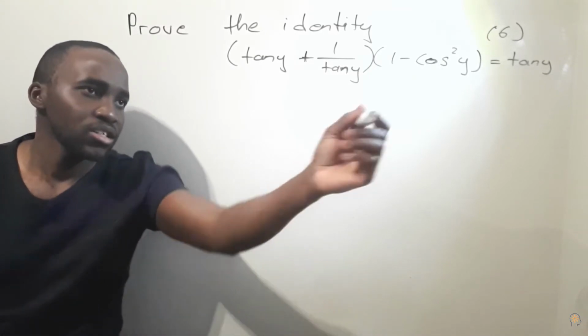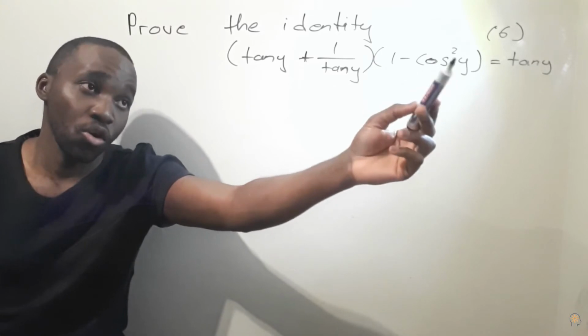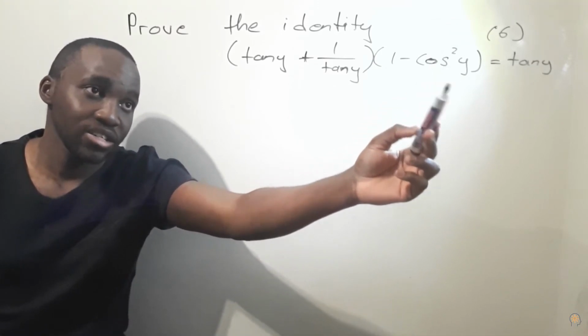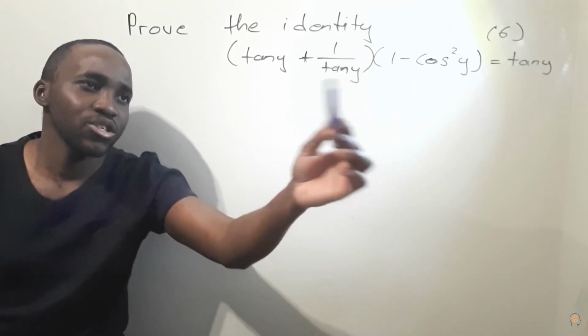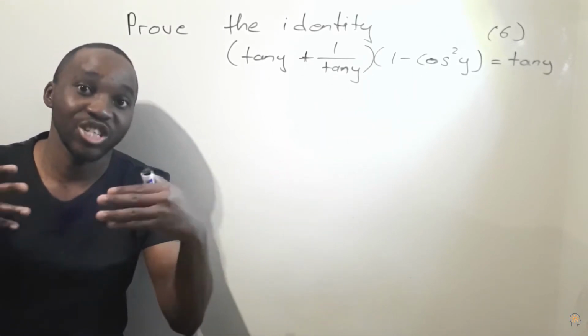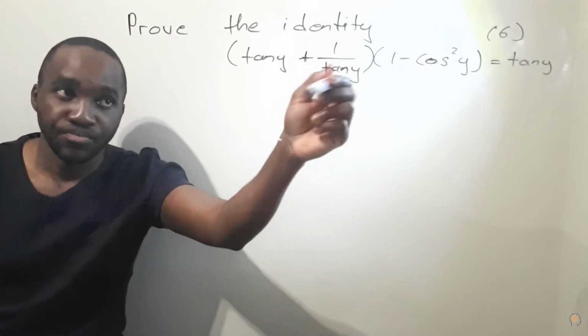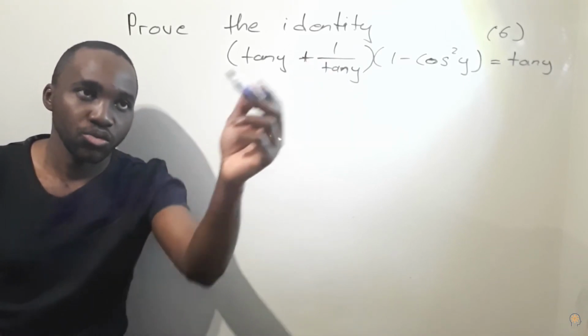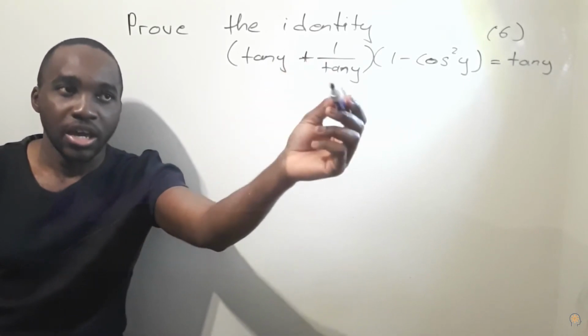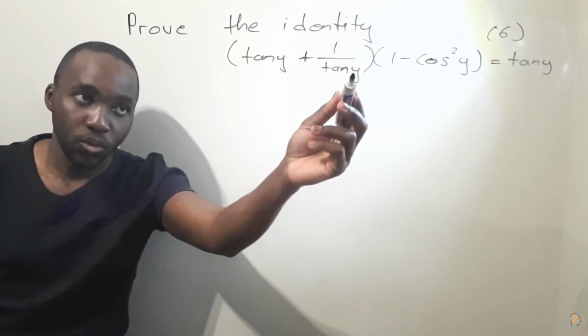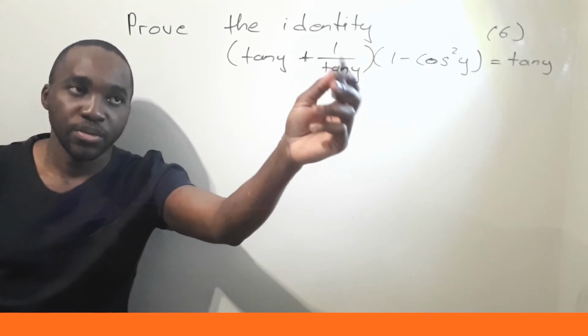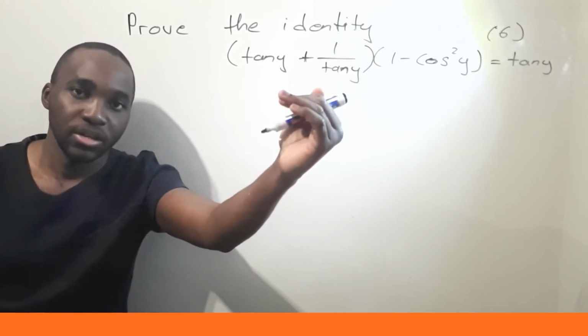Here we see that there's a cos squared y somewhere, and then here we're working with tan. So for these two to gel, we may want to convert them into sine over cos, and then anytime you have 1 over tan of the angle, this will always be cos over sine.